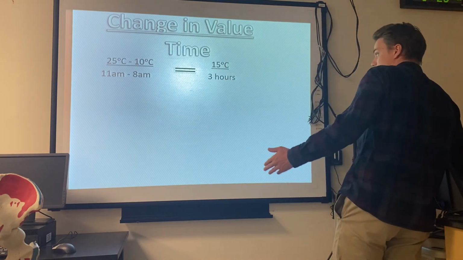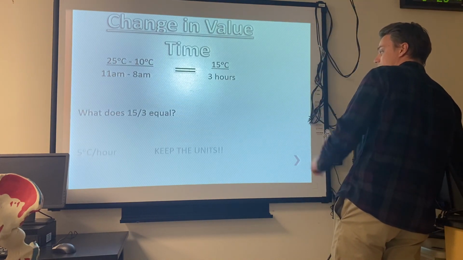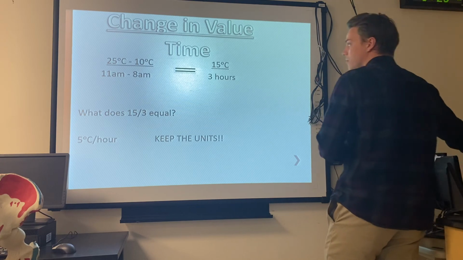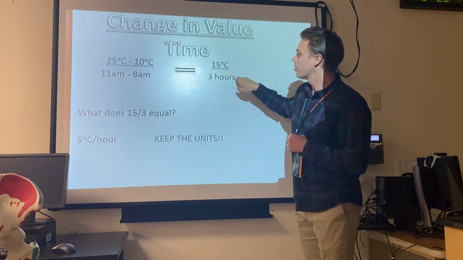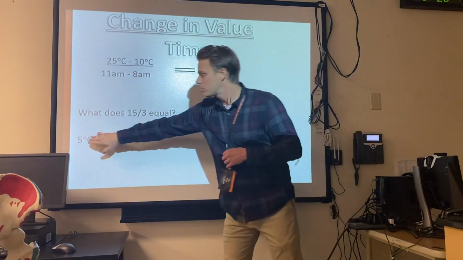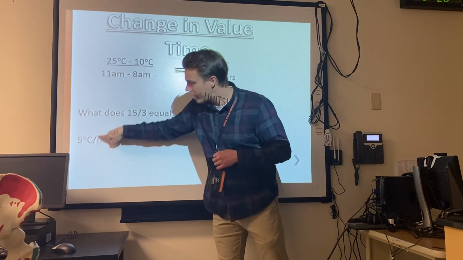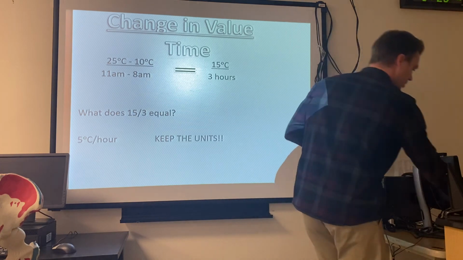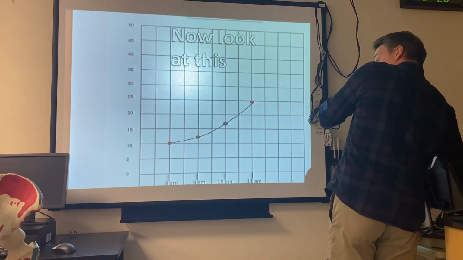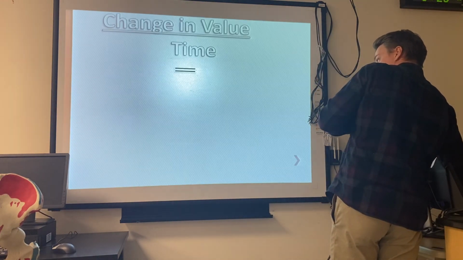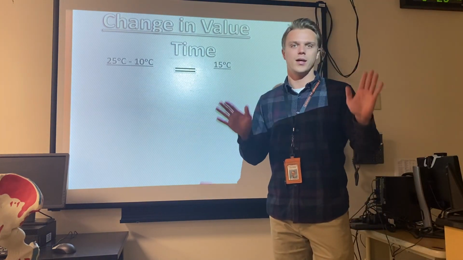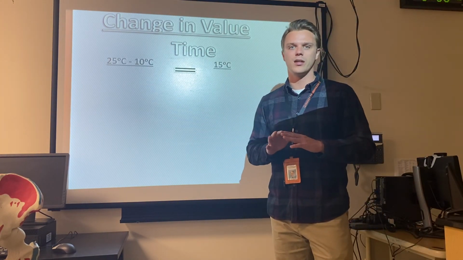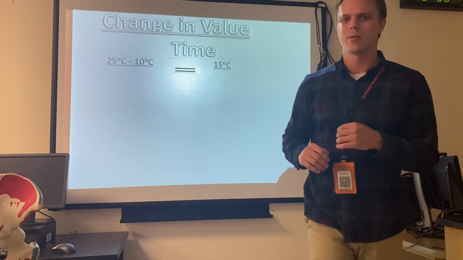A fraction is division. So 15 divided by 3 gives us 5 degrees Celsius per hour, where we keep the degrees Celsius over hours. Let's just focus on getting this next activity done, and then we'll get into this more complicated stuff next time.